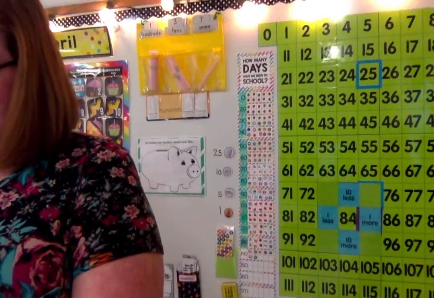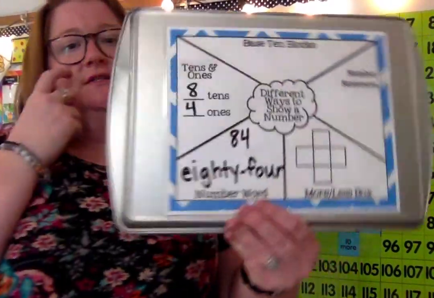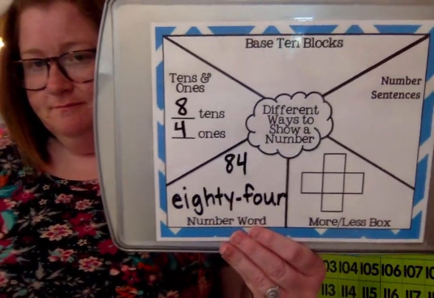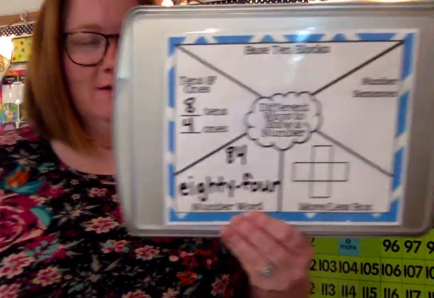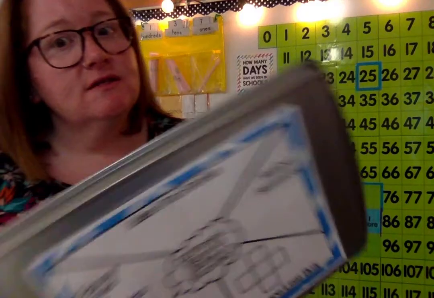When we look at that number, do we know how many 10s and how many 1s are in that number? Did you say there were 8 10s and 4 1s? You were right if you did. Okay. How would you show that then with base 10 blocks for 84.